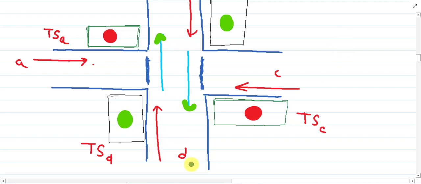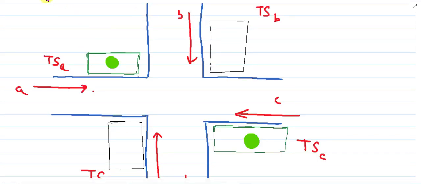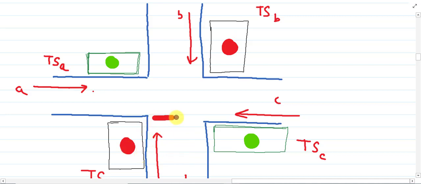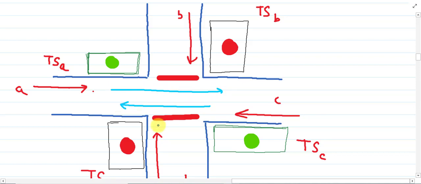Now we move to condition number 2. In condition number 2, the green light appears on traffic signal A and traffic signal C, meaning there must be a red light for traffic signal B and traffic signal D, which means there is no movement in the north-south direction, so the movement will only occur in the east-west direction.